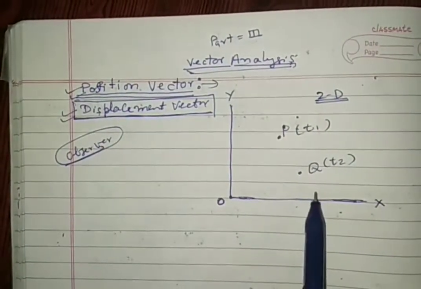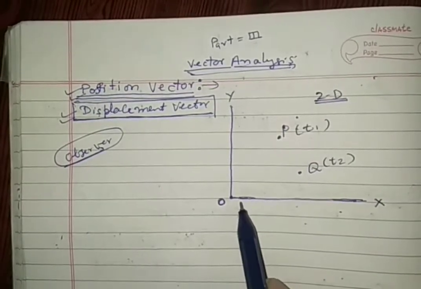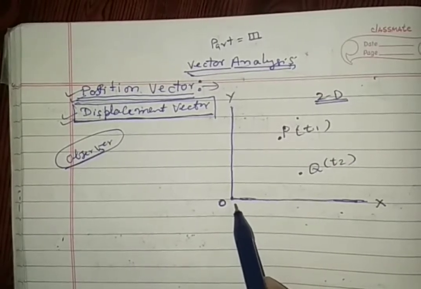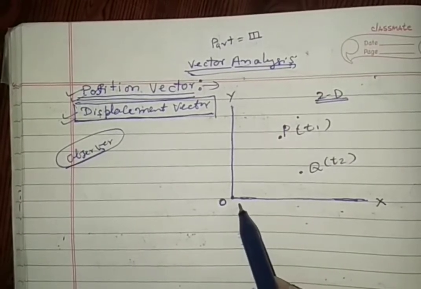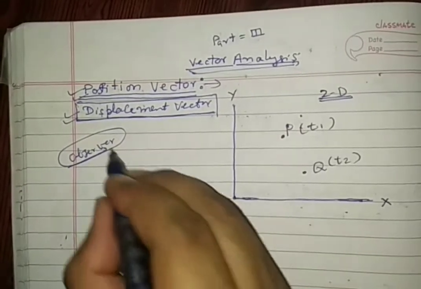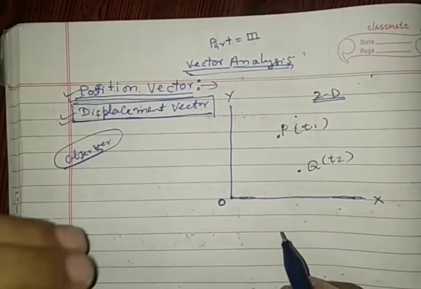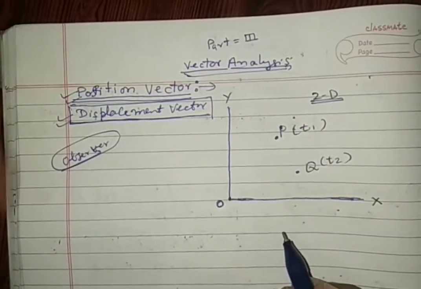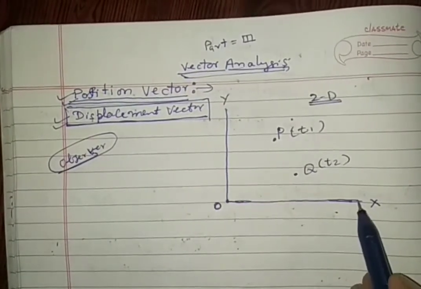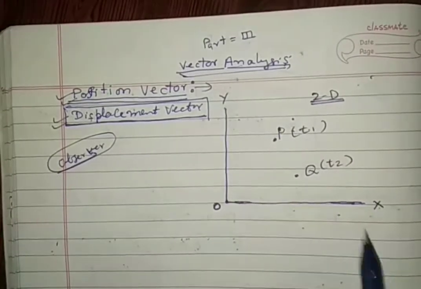The position of the particle at P and Q is obtained by an observer, and the location of the observer is considered at the origin of the frame of reference. If you are able to understand this point, once more I am explaining the things. This is the two-dimensional frame of reference along the x-axis and y-axis.